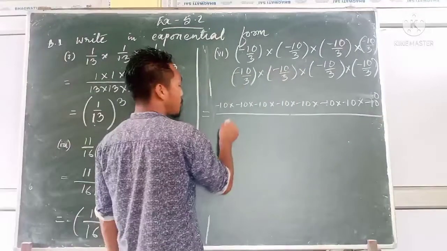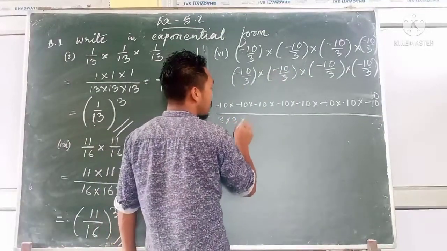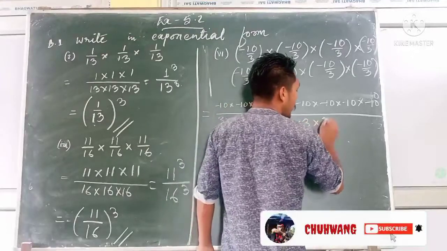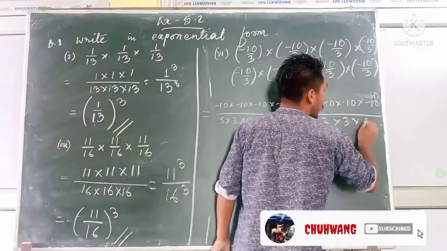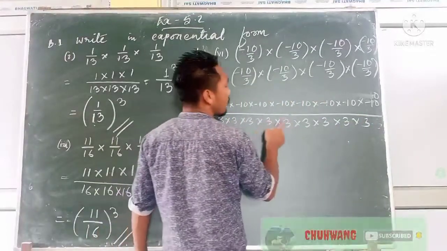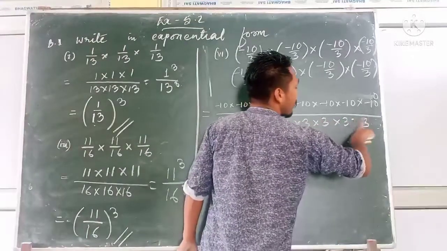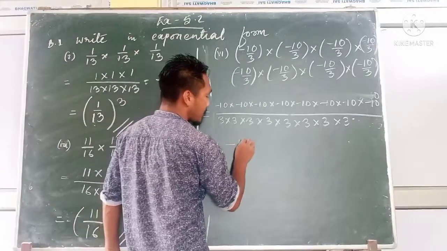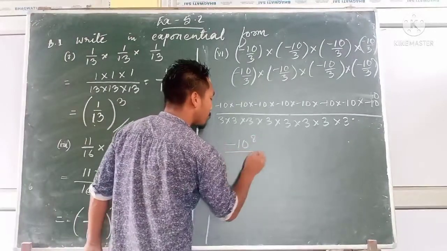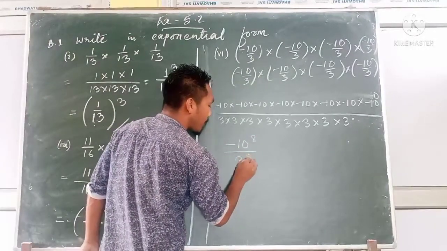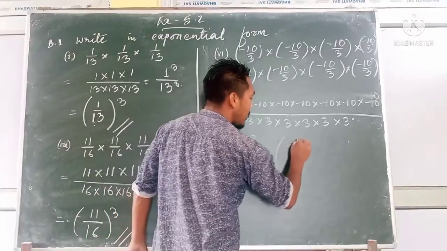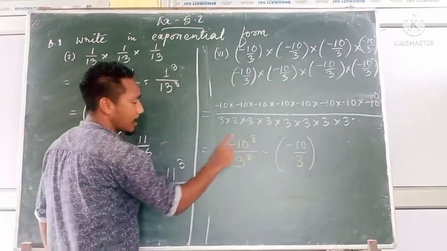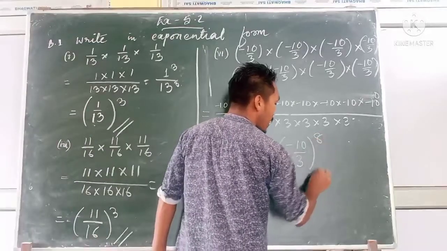That is 8. Again downside we have 3 into 3 into 3 into 3 into 3 into 3 into 3 into 3. How much do we have? 1, 2, 3, 4, 5, 6, 7, 8. So here also minus 10 is 8 times and 3 also is 8 times, so 3 to the power 8. So we can write minus 10 by 3 inside the bracket with power 8. So this is your answer.